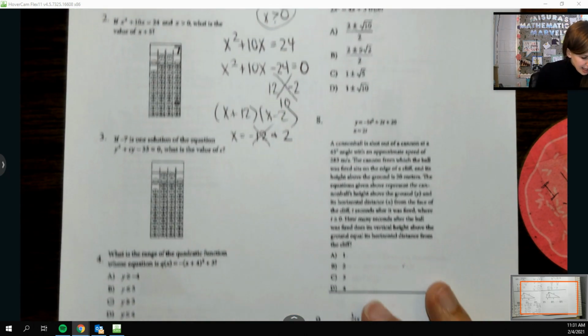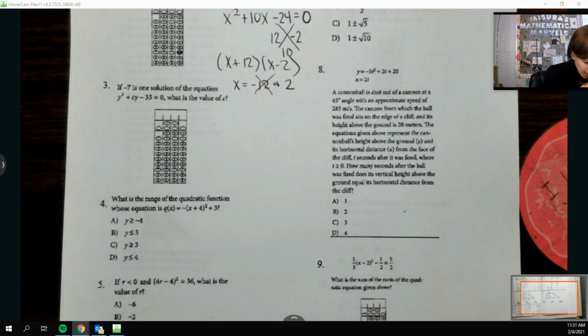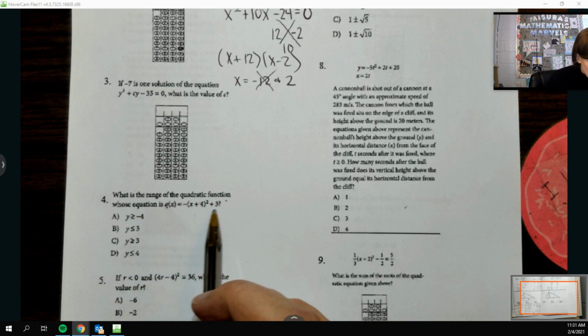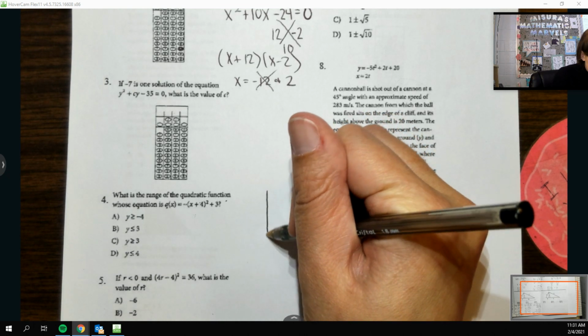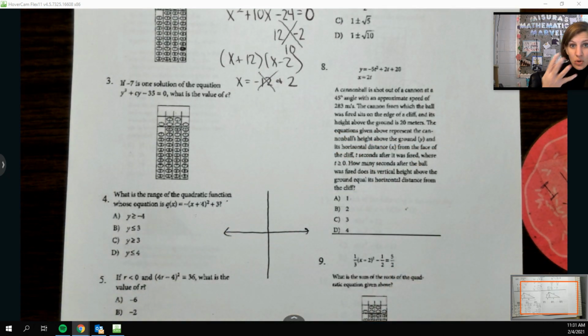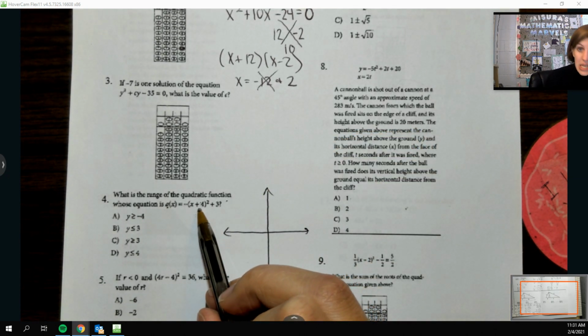Alrighty. I think I'm going to skip that third one. Oh, let's jump down to 4. That's interesting. What is the range of the quadratic function whose equation is given? So that guy is in vertex form, and I am such a visual person that I always like to give it a little sketcheroo. Because it's in vertex form, I can see the vertex.